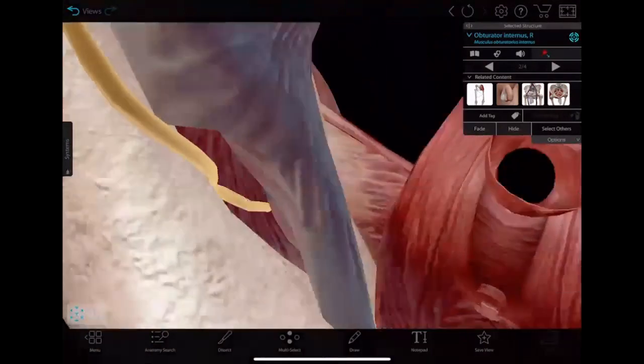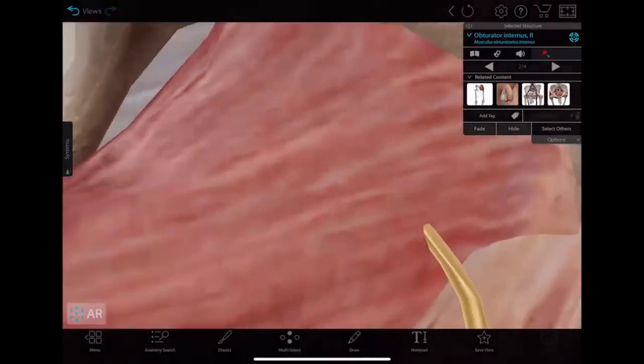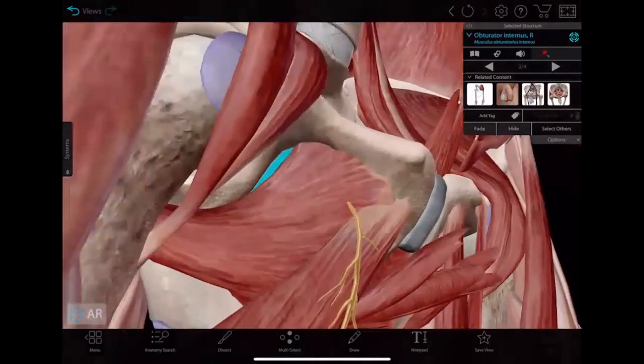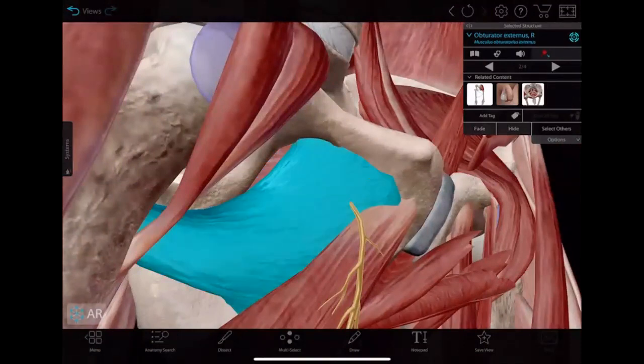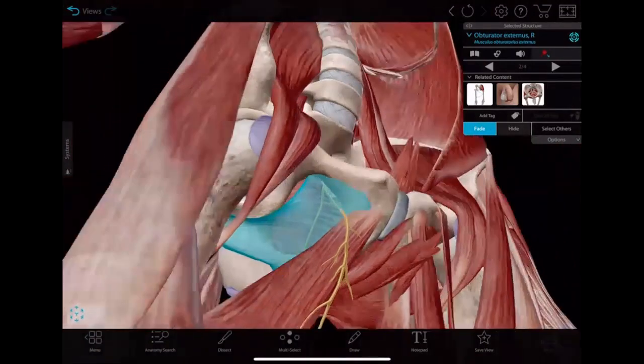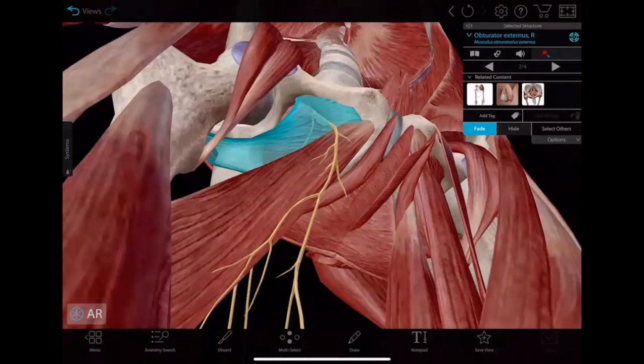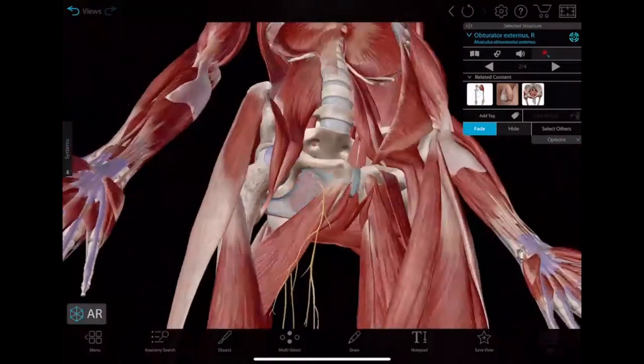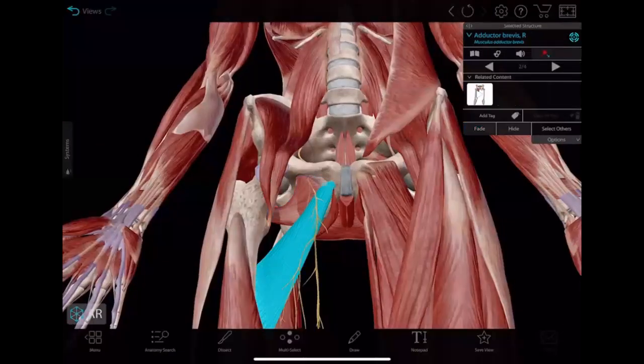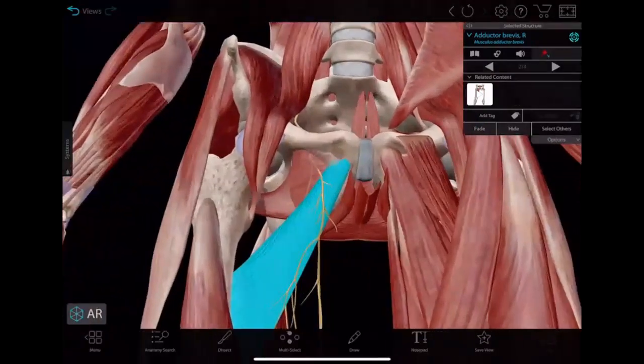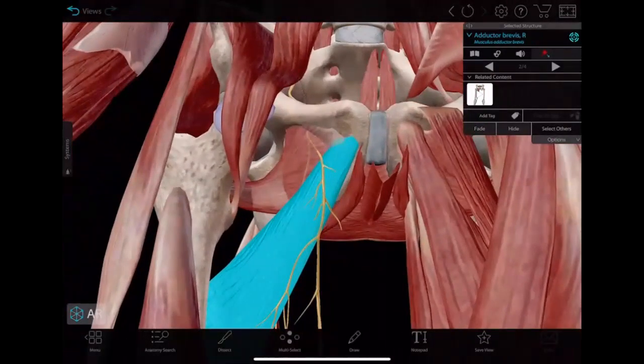So through that obturator foramen, it has obturator internus, and again it is related to obturator externus, and again it is on the adductor brevis.